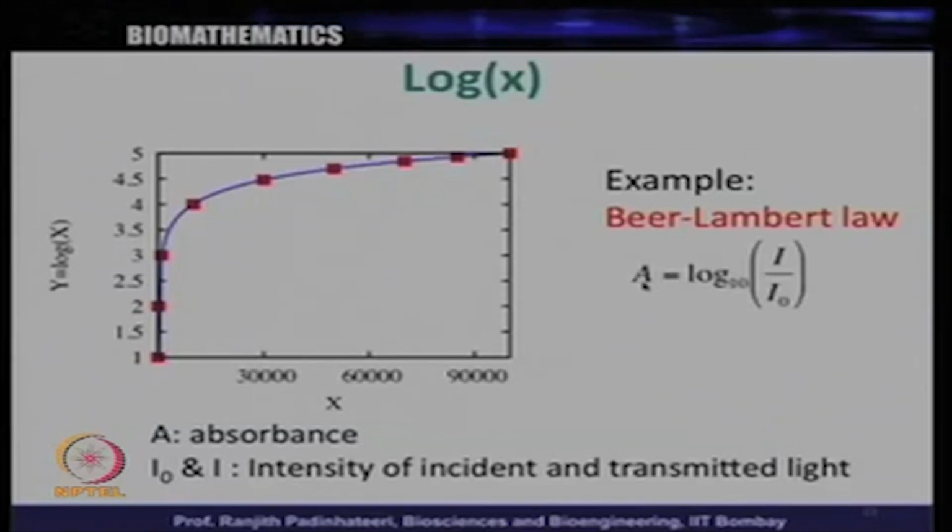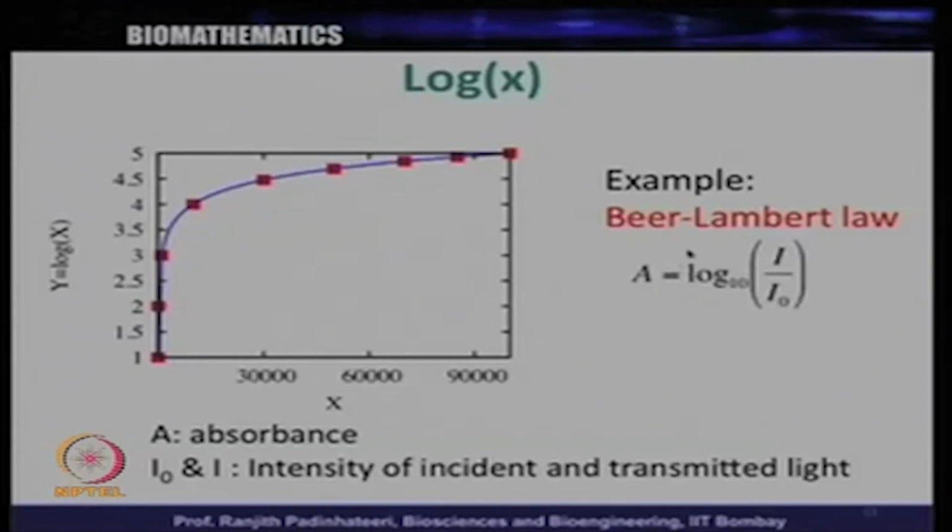If you have a liquid and you shine light on it, the amount of light absorbed is related to the intensity of incident light and transmitted light. If you have I and I 0, the intensities of incident and transmitted light, the absorbance is basically the logarithm of this ratio. So, this is some natural property.